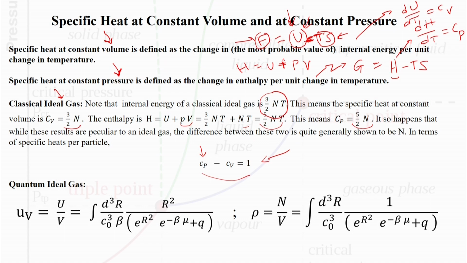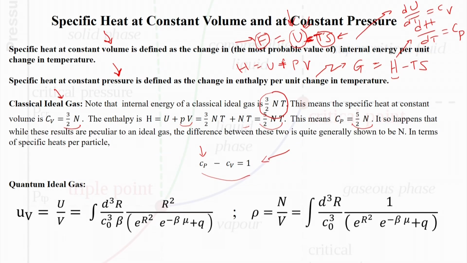Now let us get to something slightly more interesting, and that would correspond to quantum ideal gases. Remember that when I speak of an ideal gas, whether it is quantum or classical, I mean a gas where the constituent particles do not interact with each other, but rather only interact with the walls of the container maybe, or the surroundings or whatever. They do not interact amongst each other.